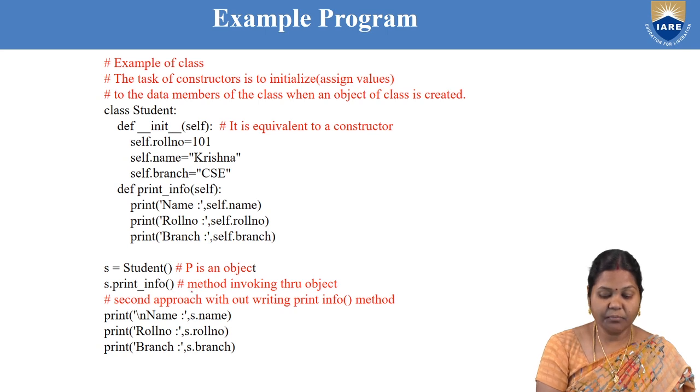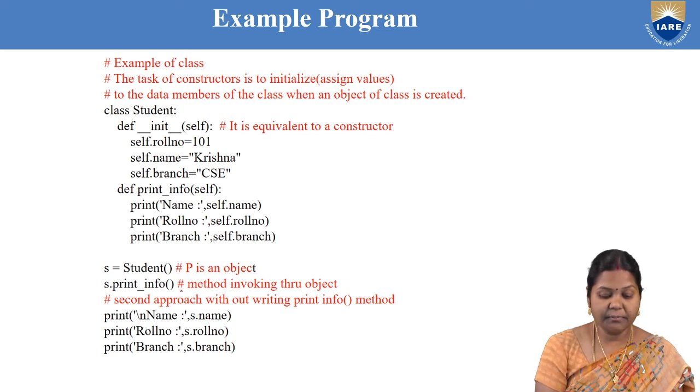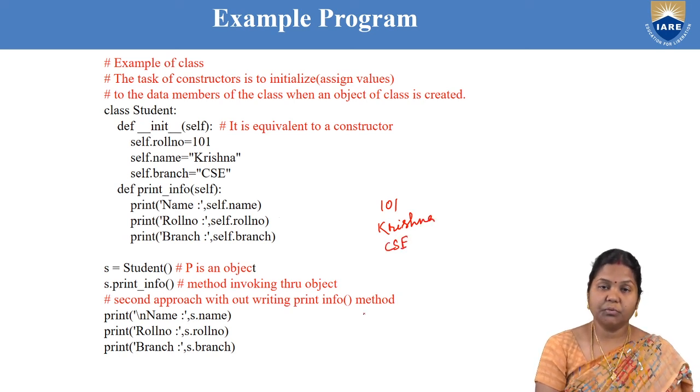That means we are invoking the print_info method through the object. Whenever you invoke the method, you will get this print statement: name, roll number and branch, that is 101, Krishna and CSE will be printed. This is one way of invoking the methods, through object name dot method name.